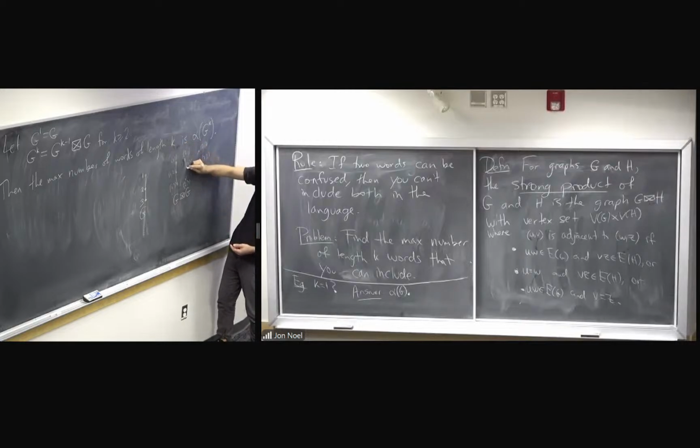So to make this graph, you put a bunch of copies of G in the columns, but then the same thing is true for the rows. Put a bunch of copies of G in the rows.